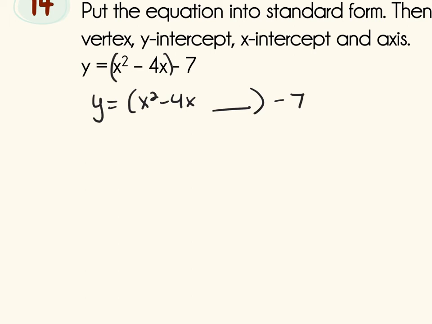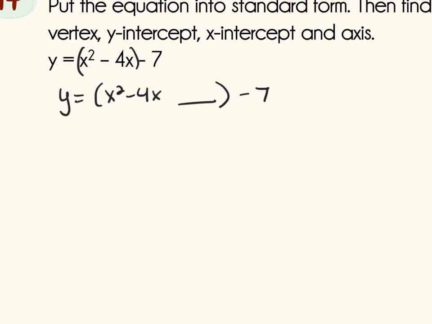Nothing on the front again to take out. So I go straight to the second term. That is a 4. Divide the 4 by 2 and then square it. 4 divided by 2 is 2 squared, that's 4. Add the 4 inside the parentheses and subtract the 4 outside the parentheses.